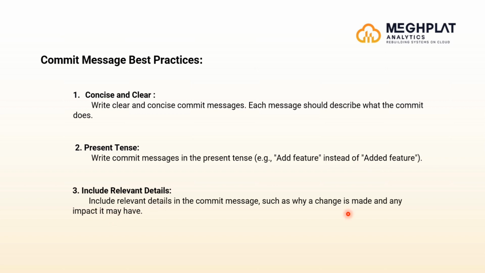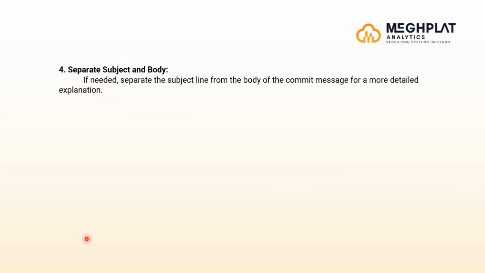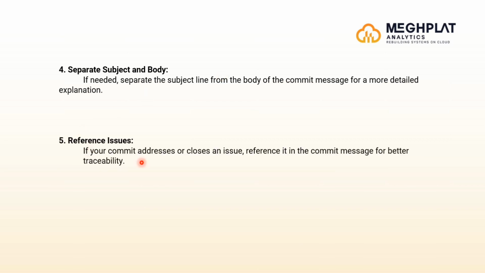Include relevant details, such as why a change is made and any impact it may have. Separate subject and body. If needed, separate the subject line from the body of the commit message for a more detailed explanation.